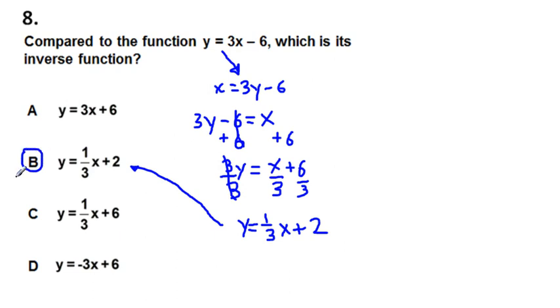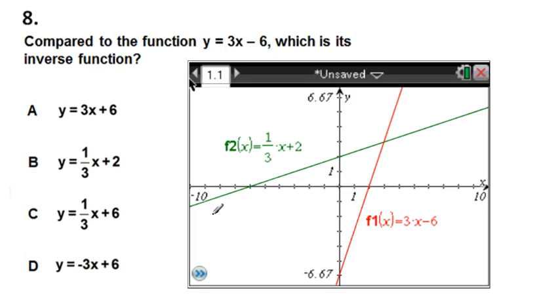And alternatively, we can look at it with the calculator. What I have here is the original 3x minus 6 plotted with the red line, and then answer B plotted in green.